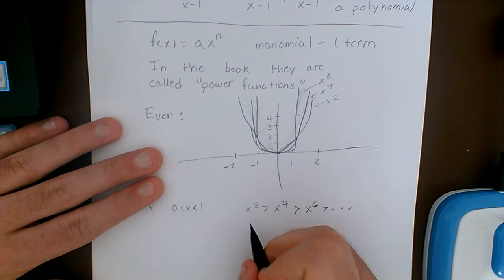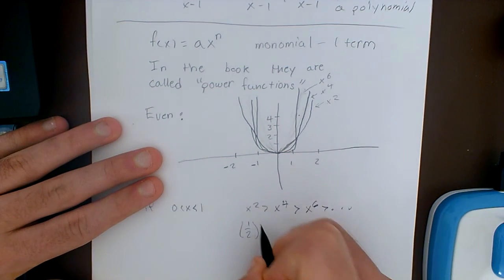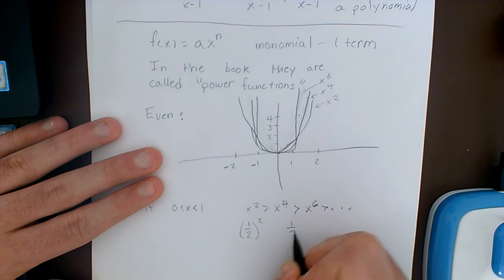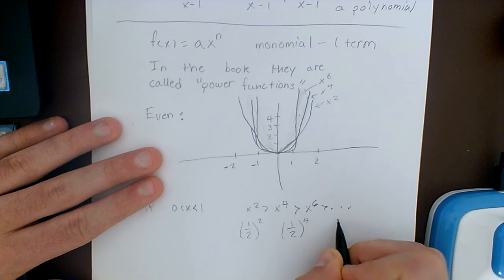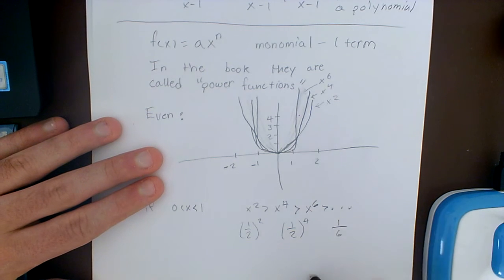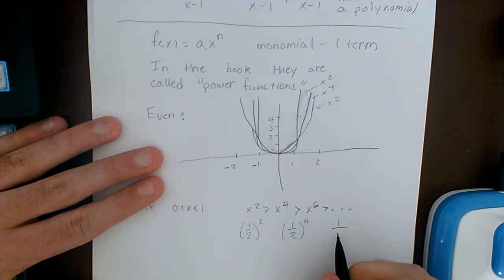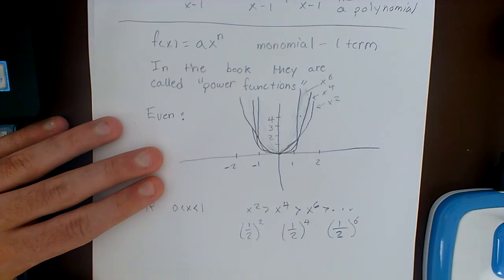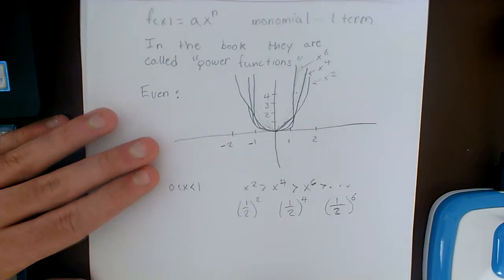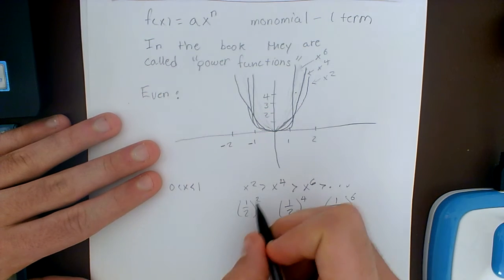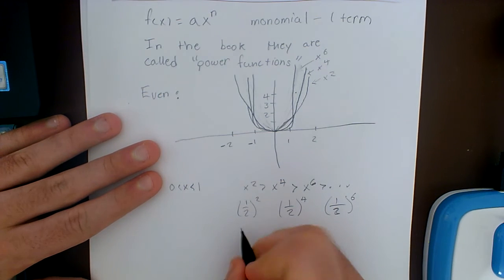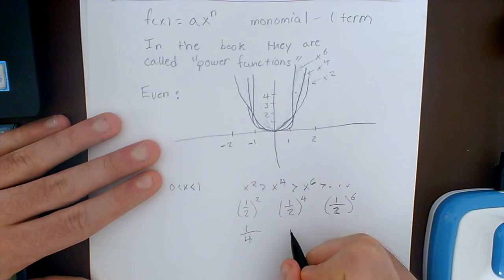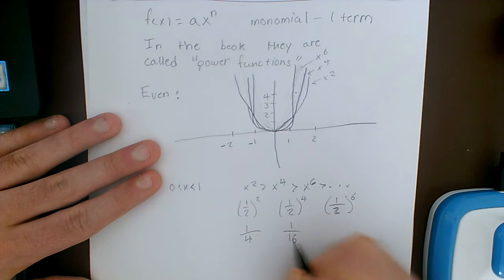That's because, think about it, if I had 1/2 squared, 1/2 to the fourth, and 1/2 to the sixth, which one of these numbers is going to be bigger? Well, using my exponent rule, a fraction raised to an exponent, I can write that as 1 squared over 2 squared, which is 1/4. Here I can write that as 1 over 16.